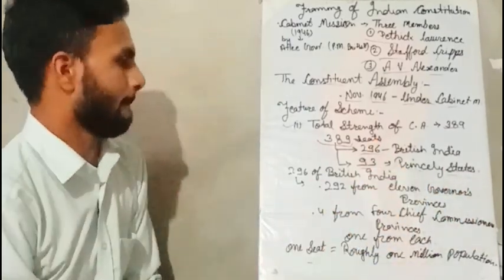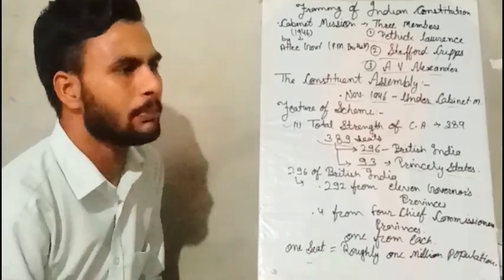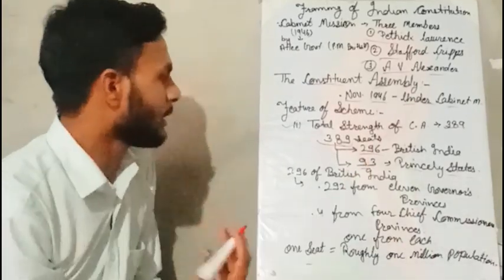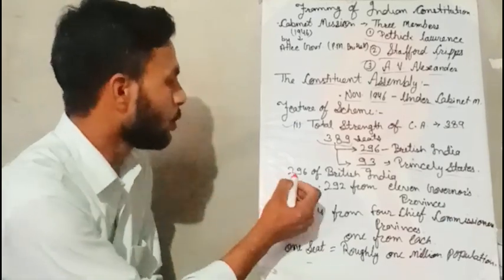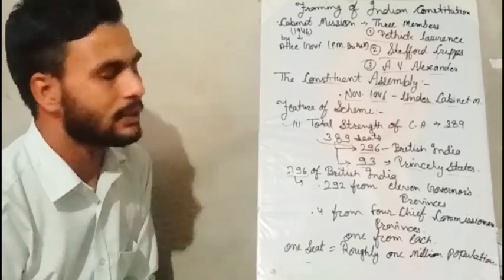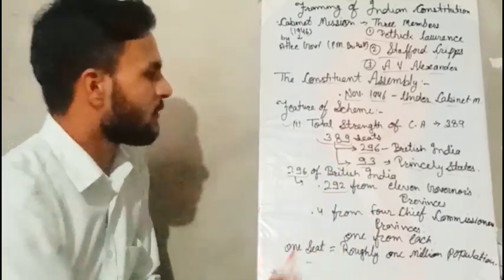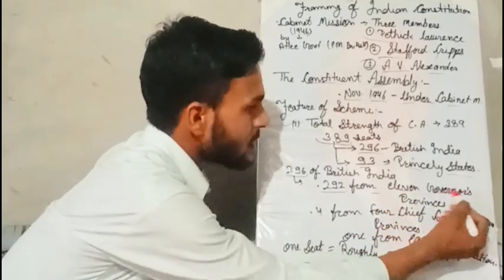When we study British India in depth, we see that the 296 seats are to be segregated into two parts. The first is 292 seats from the 11 governors' provinces.